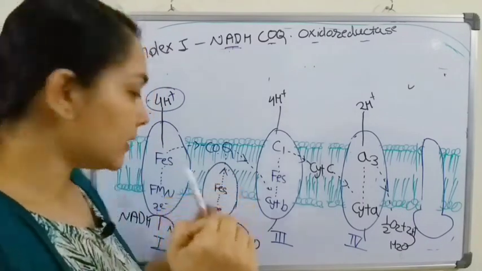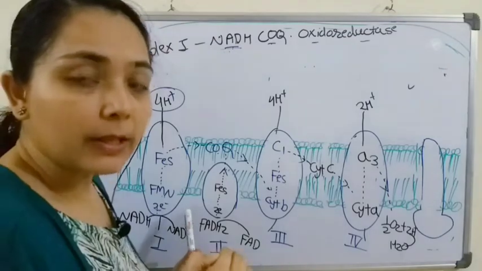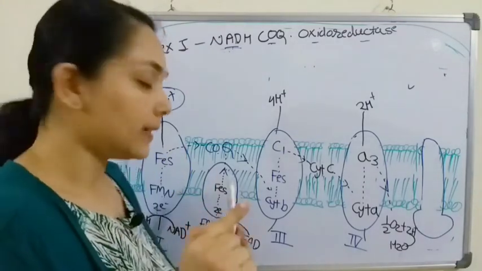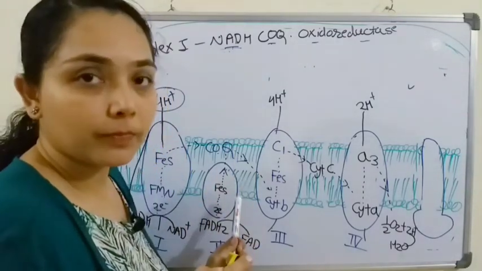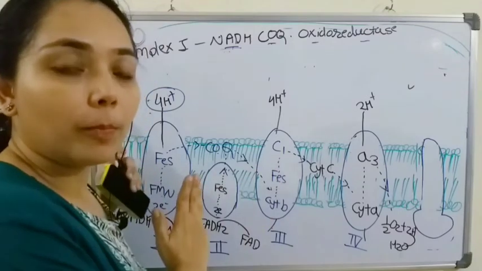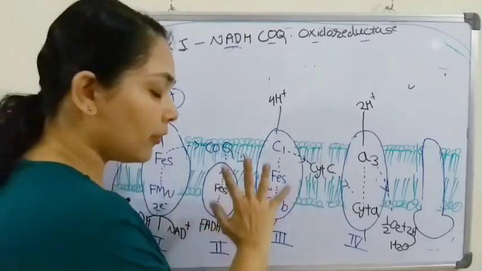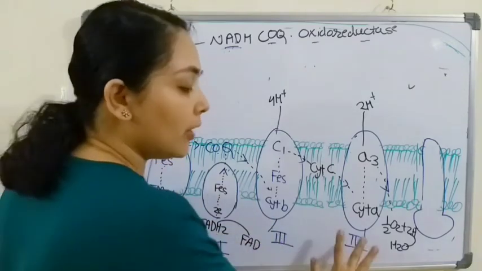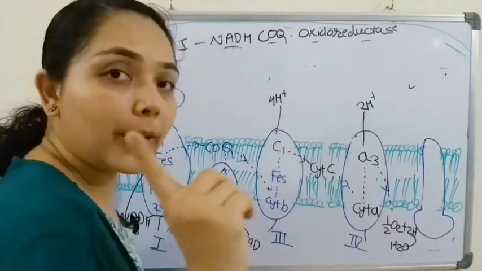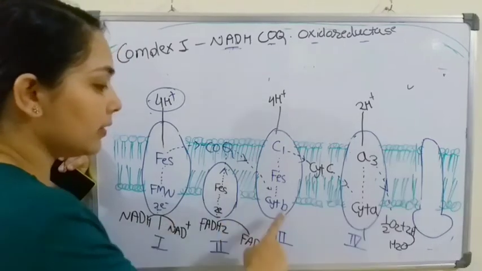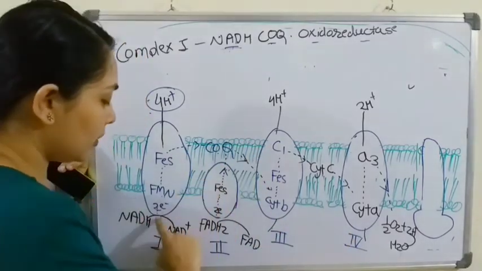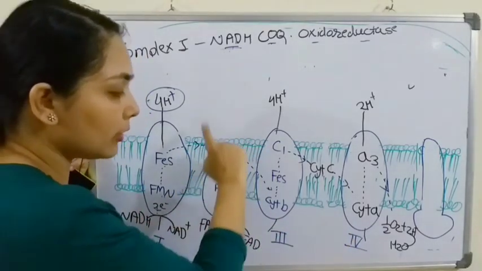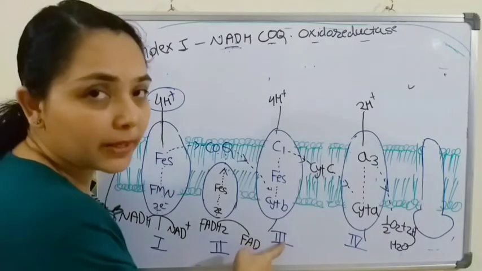So this low energy cannot match with complex 1, therefore it will donate its electron to complex 2. It will skip complex 1. So the path for electrons from FADH2 is 2, 3, 4, and for complex 1 it is 1, 3, 4, because from 1 to coenzyme Q, and that coenzyme Q will directly come to complex 3.